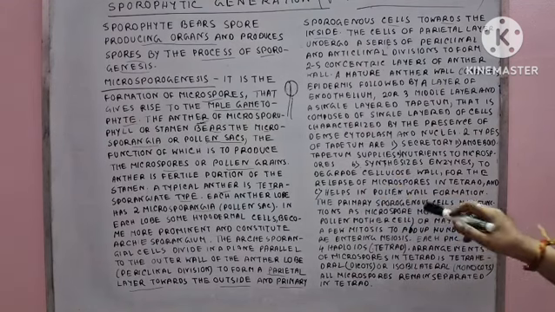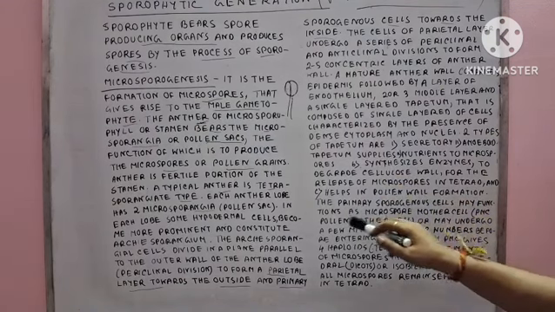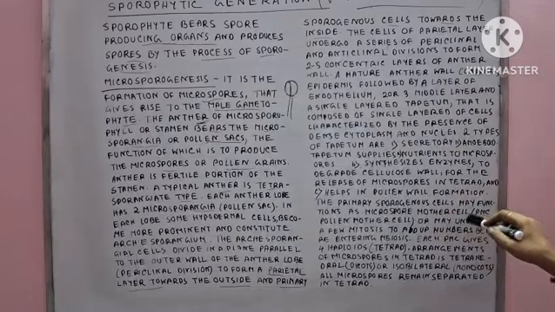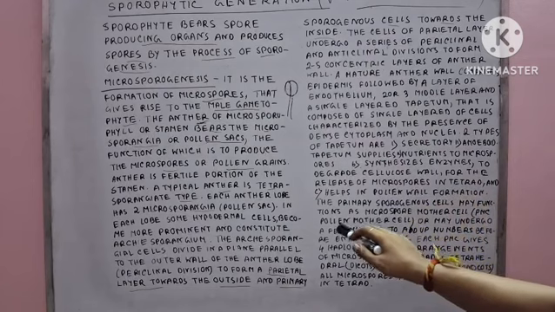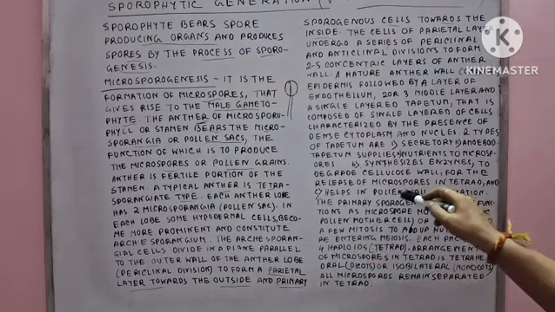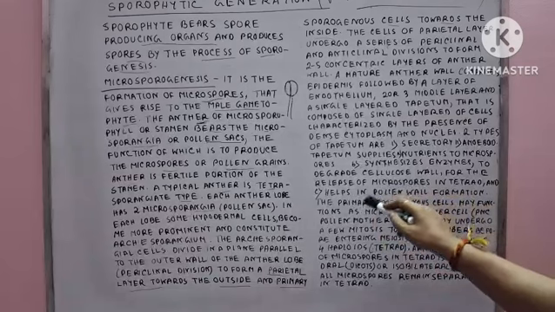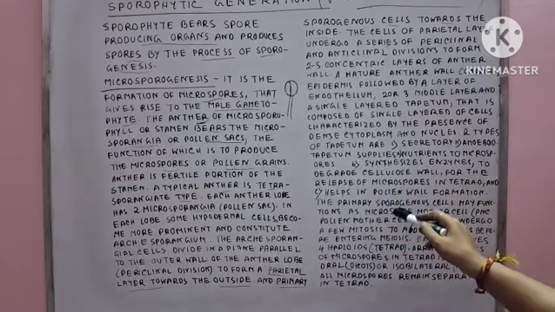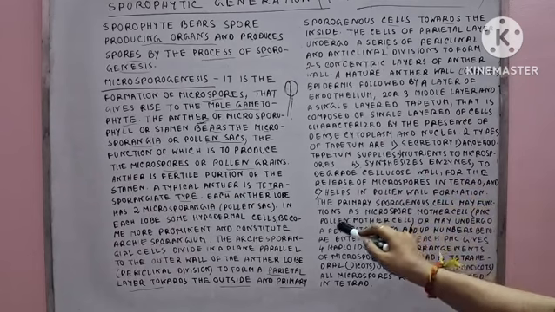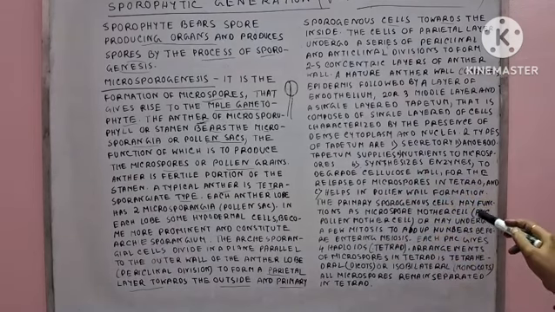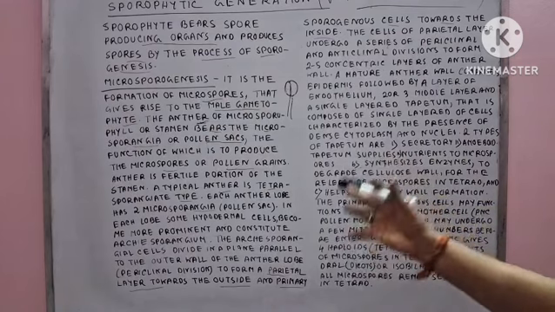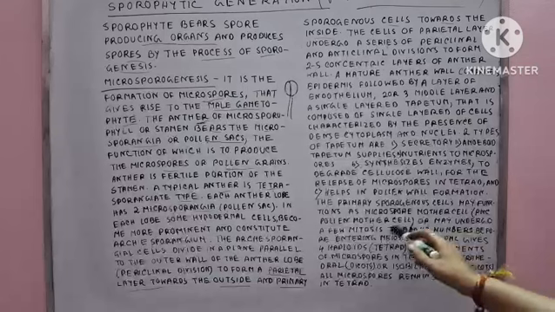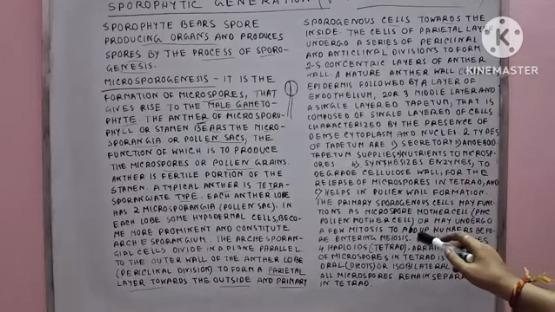The primary sporogenous cells may function as the microspore mother cell, or pollen mother cell, whose short form is PMC. So the primary sporogenous cells function as microspore mother cells or pollen mother cells. Sometimes they may undergo mitotic division to increase the number of cells before entering meiosis.